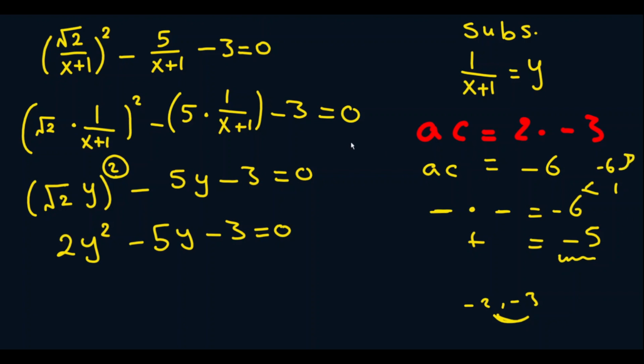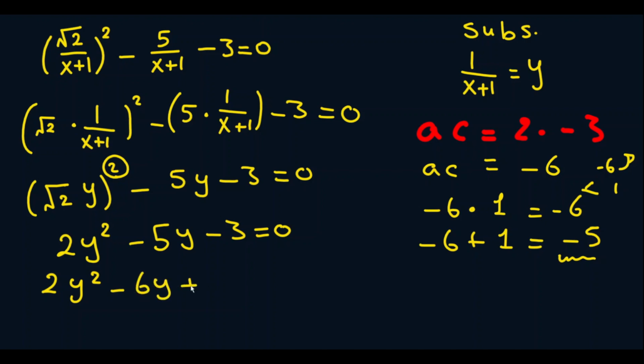So we have negative 6 and 1: negative 6 times 1 gives us negative 6, and negative 6 plus 1 gives us negative 5. Now we can rewrite our equation in the form 2y squared minus 6y plus y, which is our factor here.